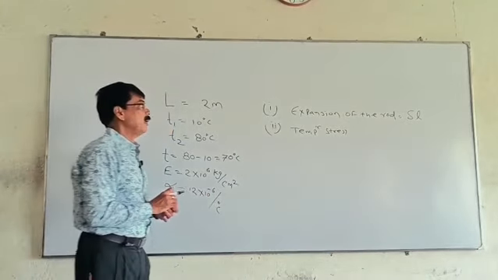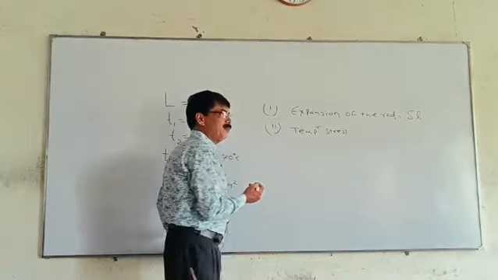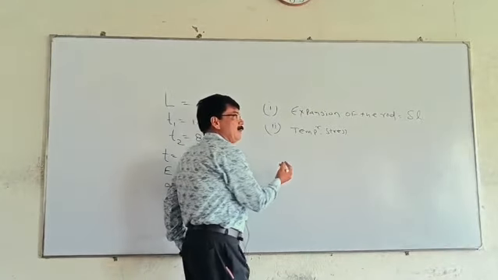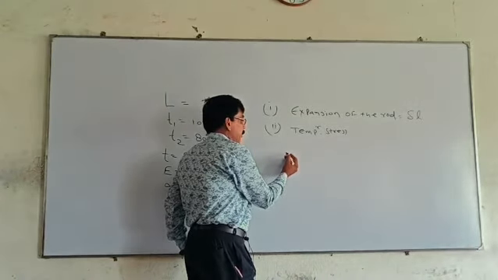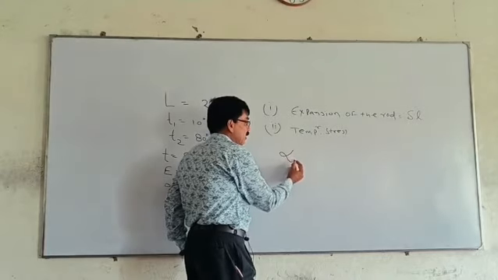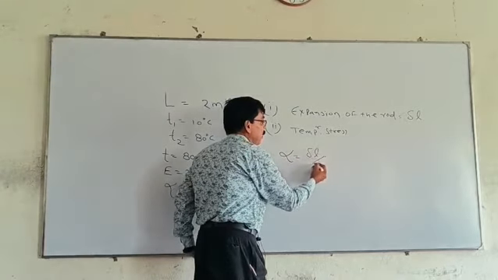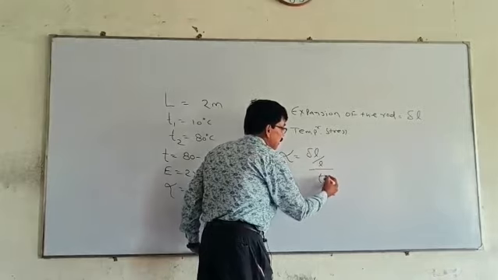For delta L, there is a simple formula. From the coefficient of linear expansion, alpha is equal to delta L by L per degree rise in temperature.